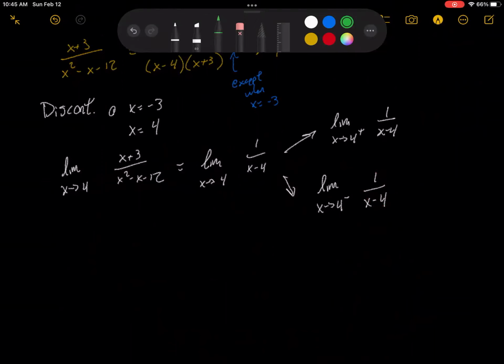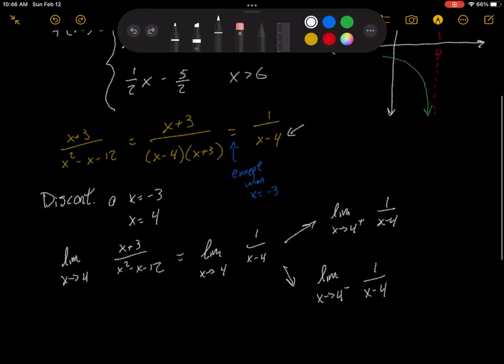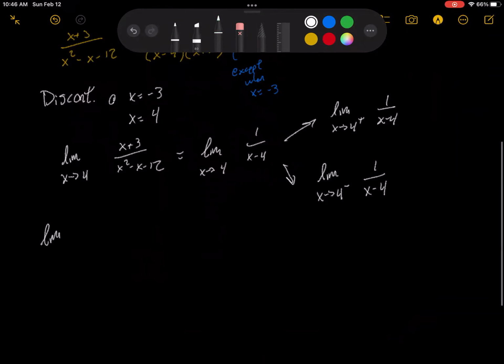All right, let's look at the other discontinuity at x is equal to 3. What's happening over there? If I look at the limit as x approaches 3 of my function, let's use the simplified version.